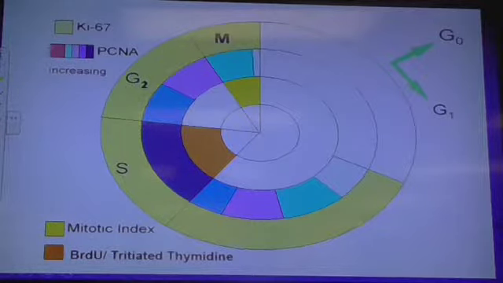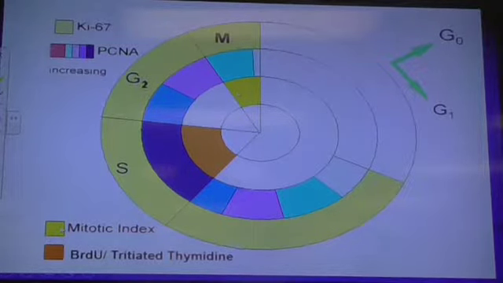So Ki67 is a proliferation marker, and it's actually present in all the stages of the cell cycle. Okay. PCNA, it stands for proliferating cell nuclear antigen, also present in all of the phases of the cell cycle.